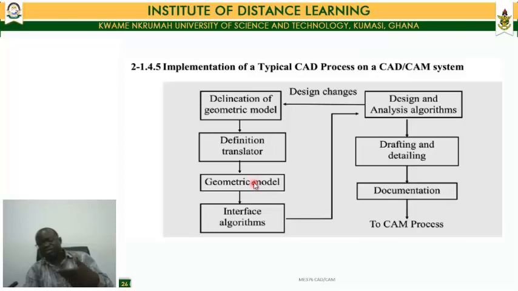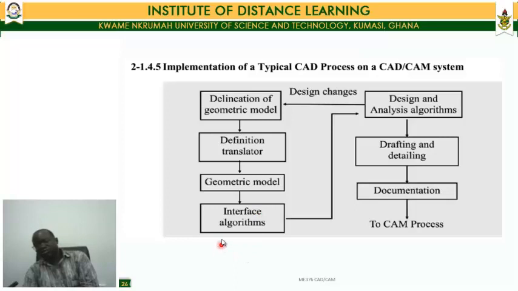But within the software, there is a translator which will actually delineate the model within the computer, because we see a drawing, but the computer will see a bunch of logic, a program that is being executed. So the translator will then translate that to a geometric model for us to see.